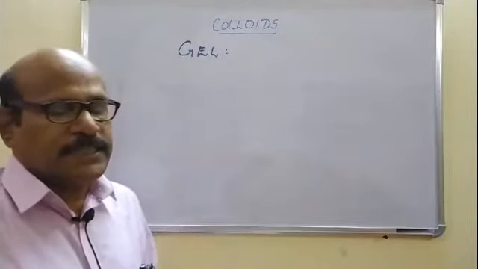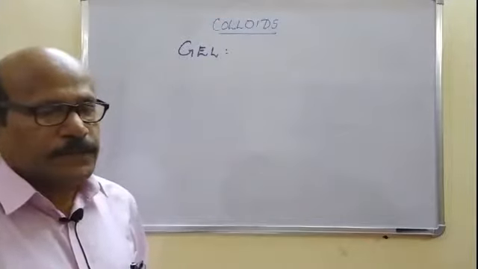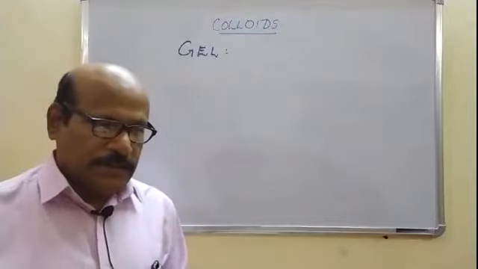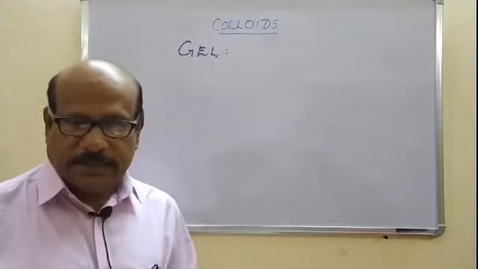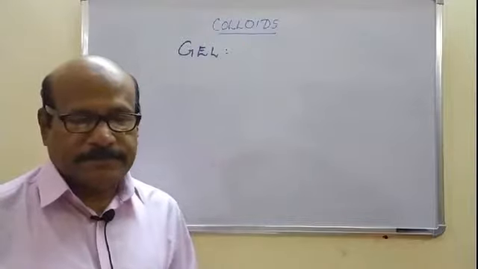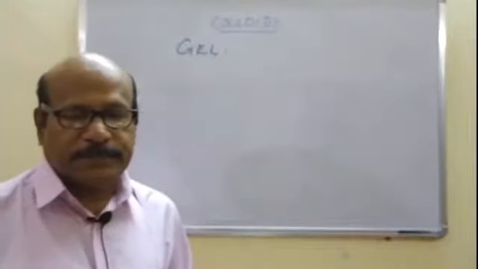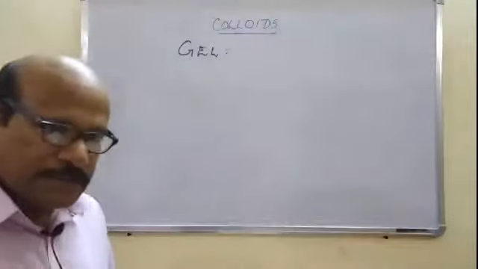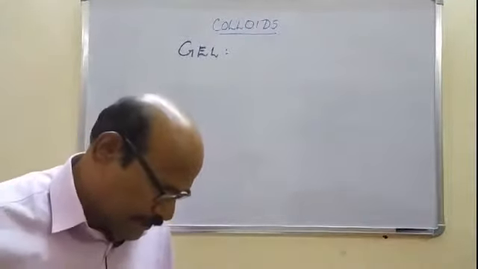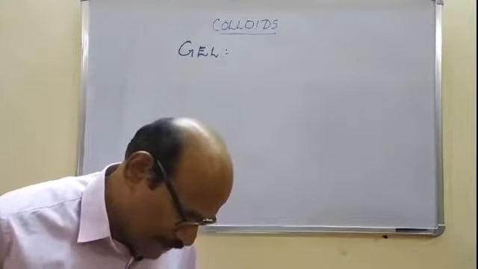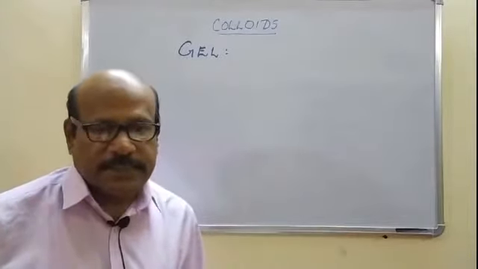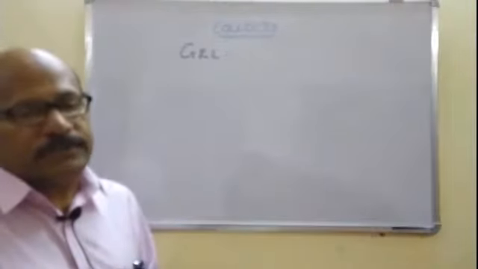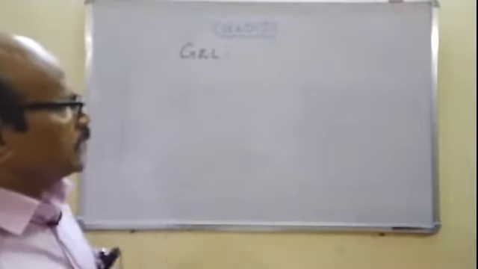It is exactly the reverse of the sol. So a gel is a colloidal system consisting of a solid dispersion medium and a liquid dispersed phase. Examples are jellies, jams, cheese, wood polish, gelatin gel, silicic acid gel and alumina gel. These are classical or conventional examples of a gel.